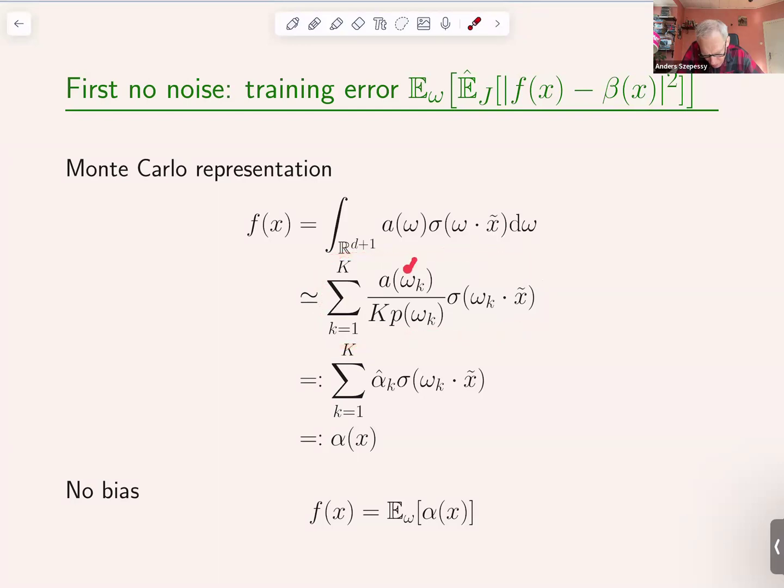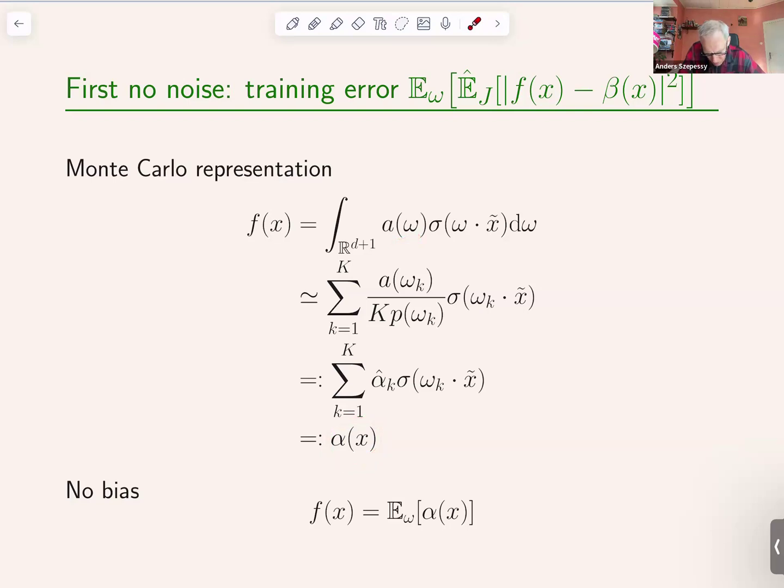We have omega k sampled from the distribution P. And I denote the amplitudes here, because we will use them later, by alpha hat k. And this neural network from the Monte Carlo approximation, which will be a kind of test function, we cannot find in practice computationally exactly, but theoretically we have it, and we call it alpha.